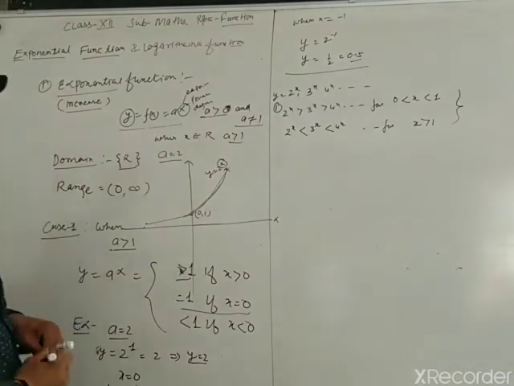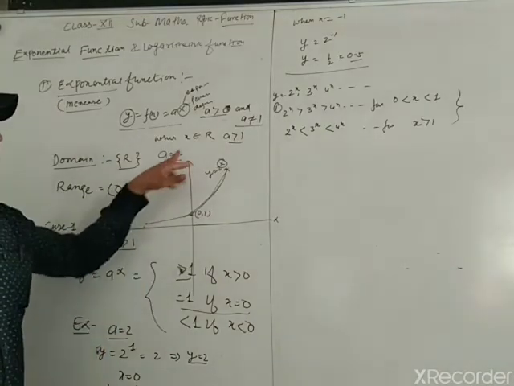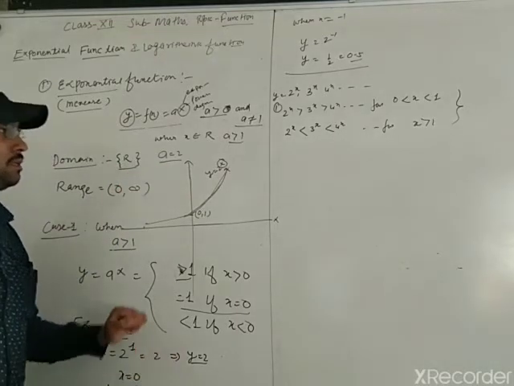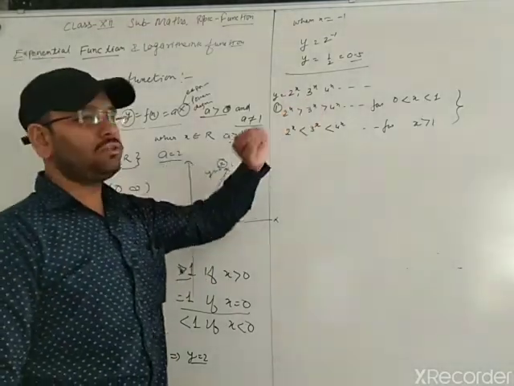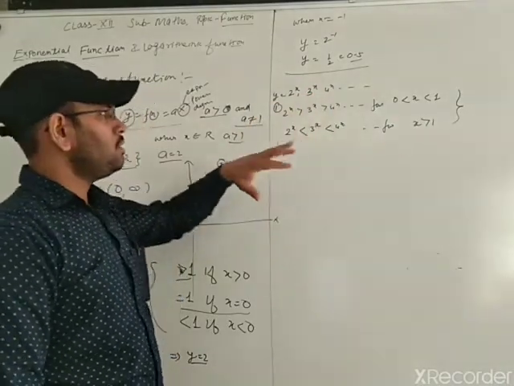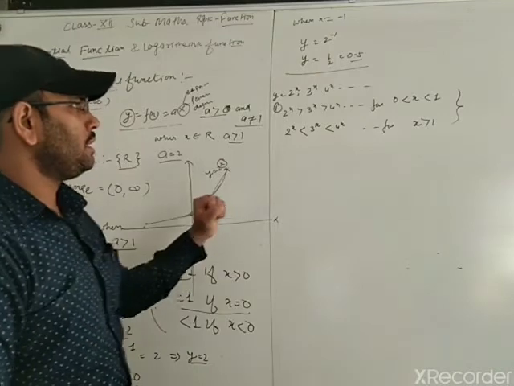Clear? Okay. Now what? We select 2. For 2 we will see this case. Similarly we can select a = 3, a = 4, a = 5, whatever. So we have two different cases.